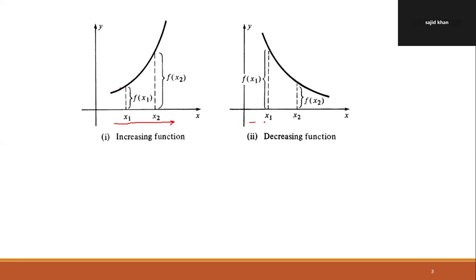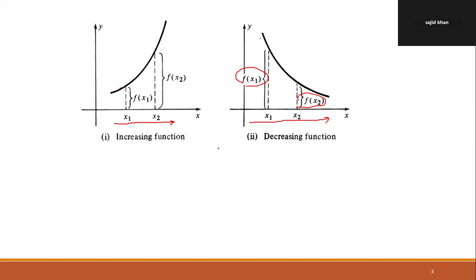The second one is when input increases from left to right and function values decrease. Now f of x1 is greater than f of x2, which means the function value decays, and in that case we call it a decreasing function.